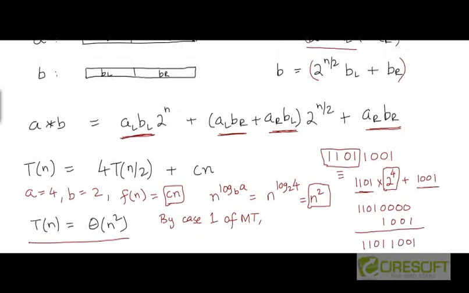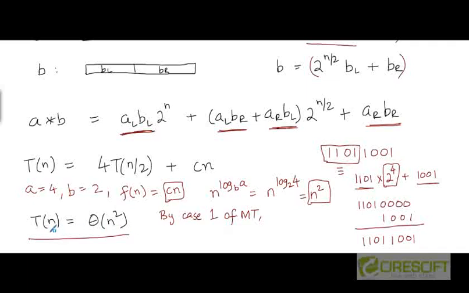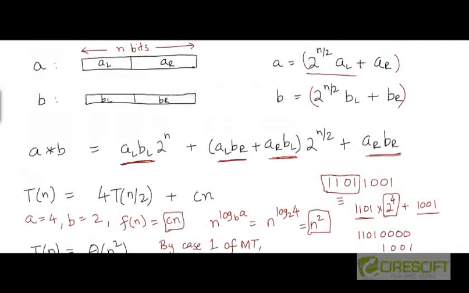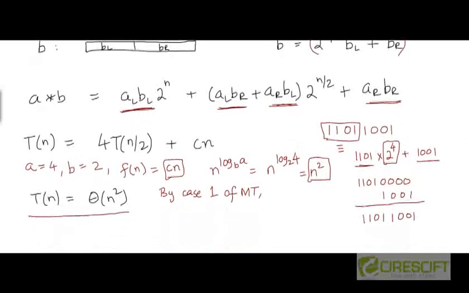Now we can immediately notice here that the running time of this divide and conquer algorithm is no better than the running time of the brute force paper and pencil algorithm that we just saw a few minutes ago. This means that using the divide and conquer strategy here did not help us improve the efficiency of the algorithm. We got an algorithm with the same asymptotic time complexity as the brute force algorithm.